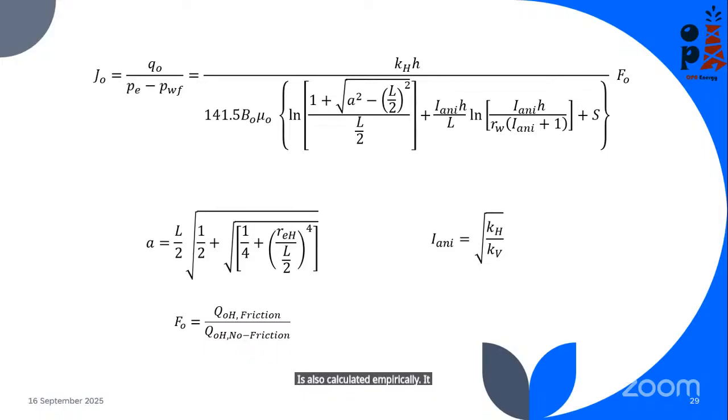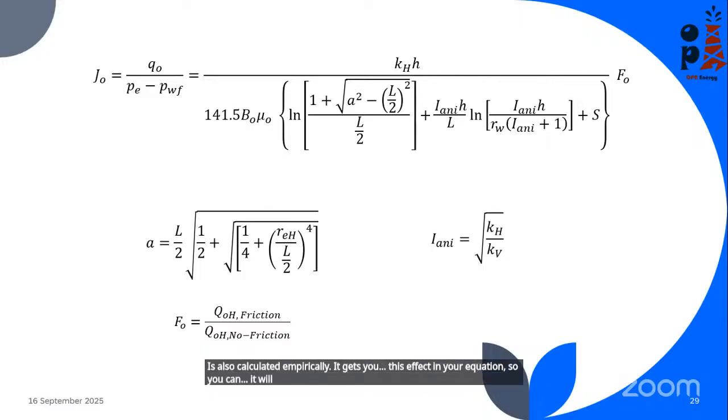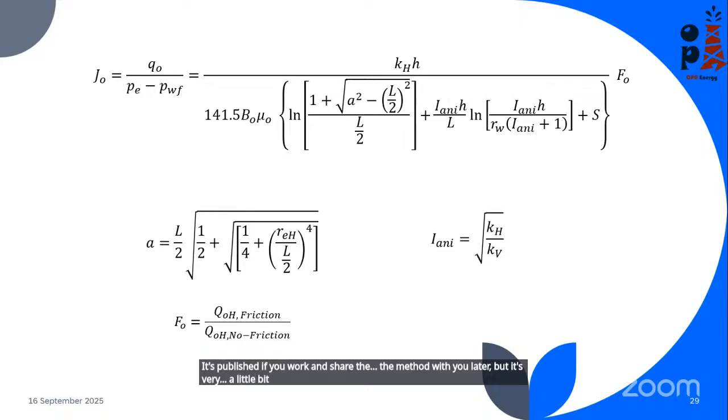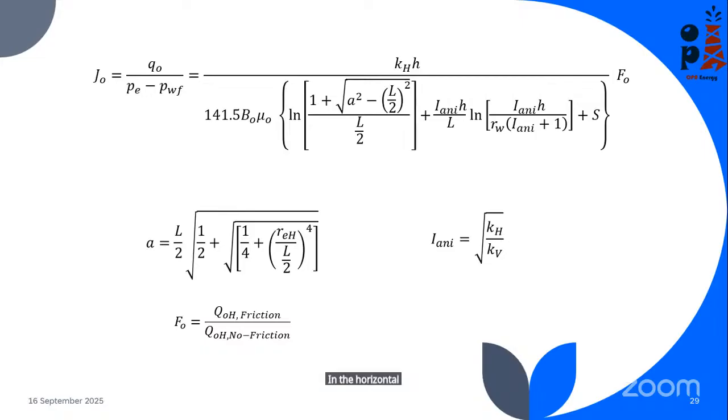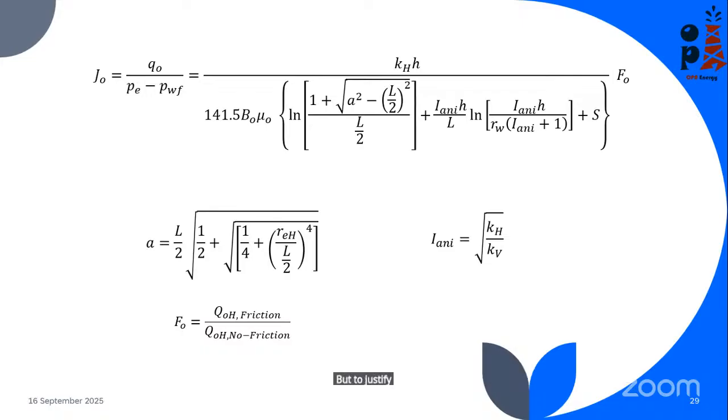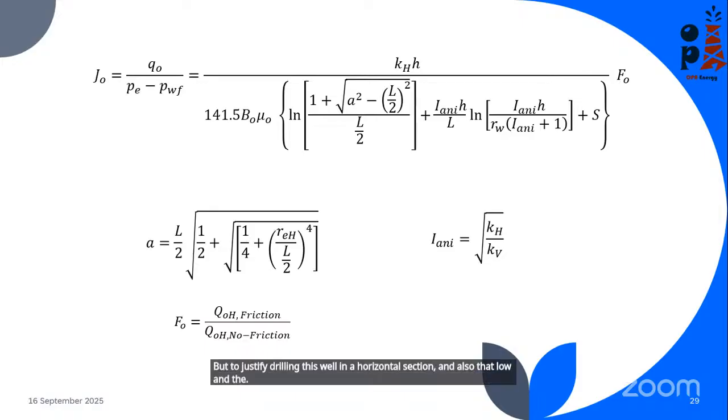It gets this effect into your equation, so the productivity index will be lower because of the friction loss in the horizontal section. It's published, and I can share the method with you later, but it's a little complicated. You have to make sure the vertical permeability is good enough to justify drilling a horizontal well, and that the friction within the horizontal section is not so much that you lose production from your well.